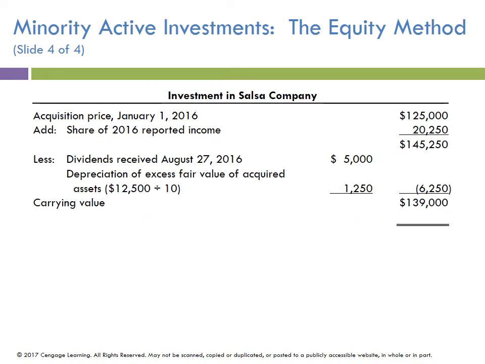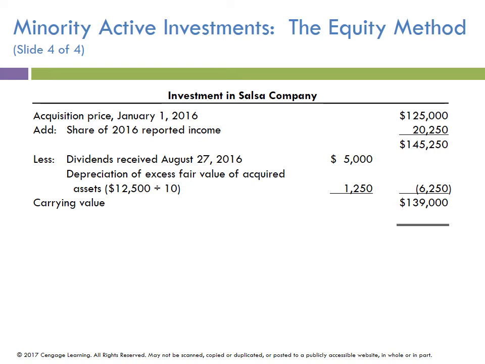So let's take a look at this again. Acquisition price is $125,000. That's how much the investment account will be debited for. They'll increase their investment account for their proportionate share of reported net income of CELSA, which is $20,250. They'll decrease the investment account for the dividends of $5,000. We saw that. And for that excess depreciation due to the difference in book value and fair value at the date of acquisition.